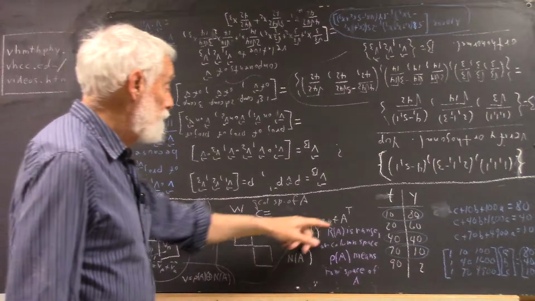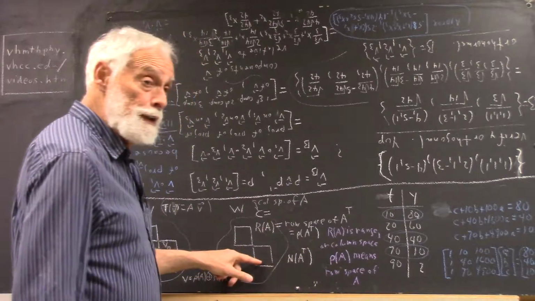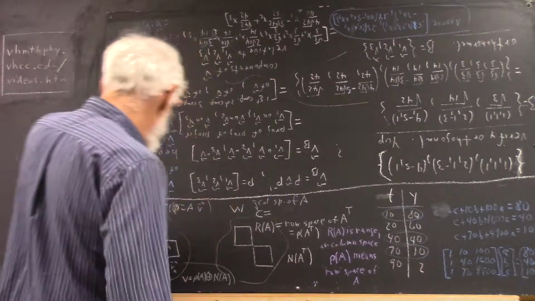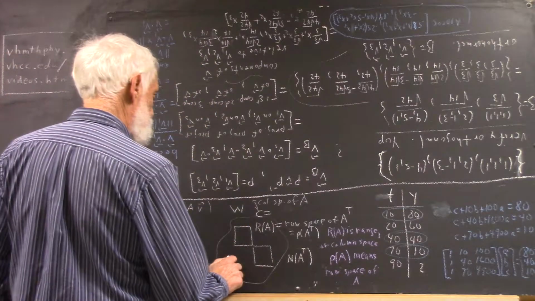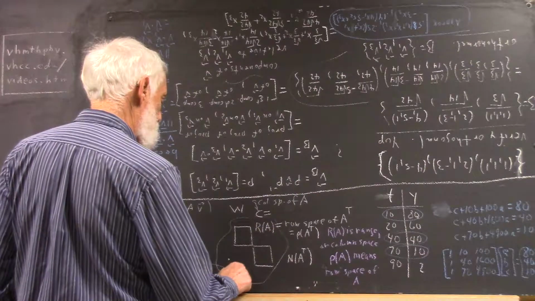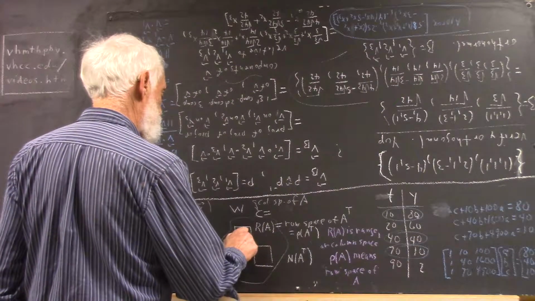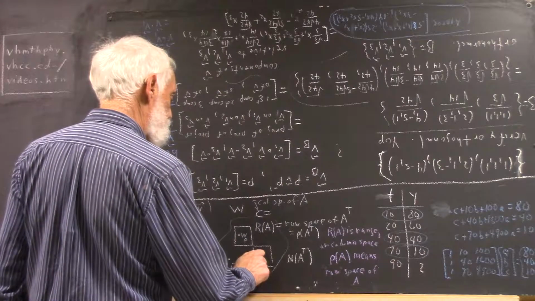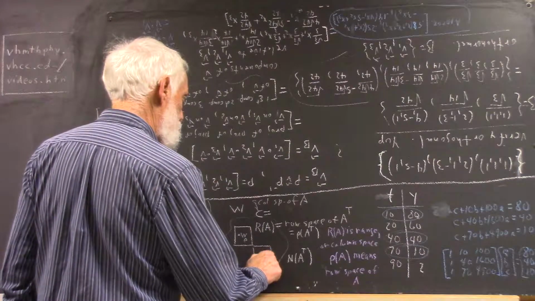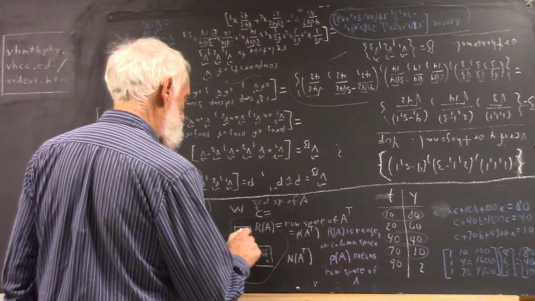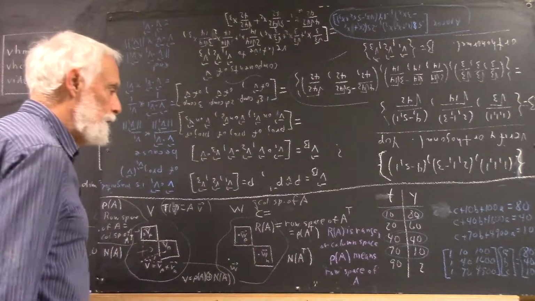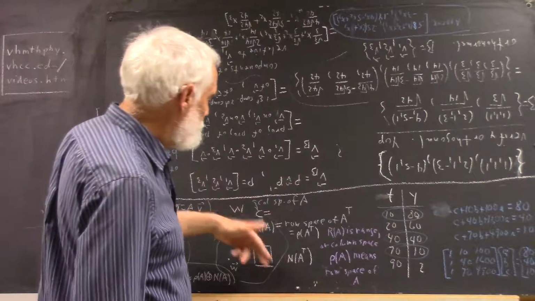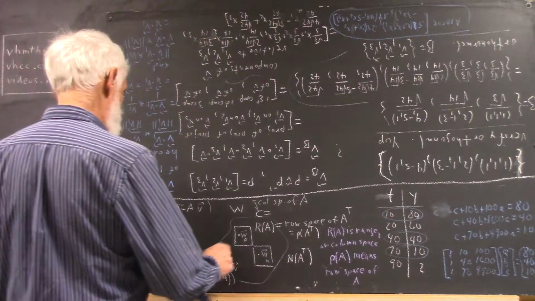The null space of A transpose is orthogonal to the row space.